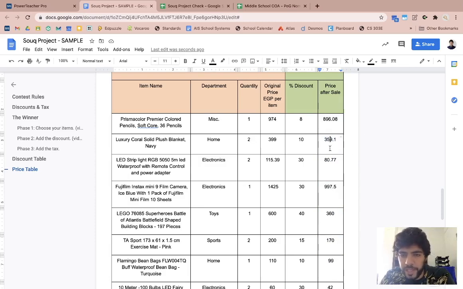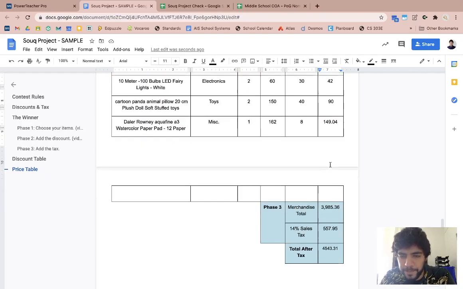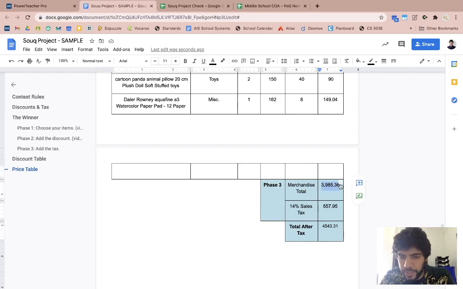And so take care of that part. You have to multiply, and of course you can use a calculator for this. Okay, so make sure you're multiplying by the quantities first before you're adding everything up, and it's being totaled here. Then you need to get 14% of this number. Again, notice that these two numbers don't have any units, nothing, no EGP, nothing. And then in the end, you add them up together.